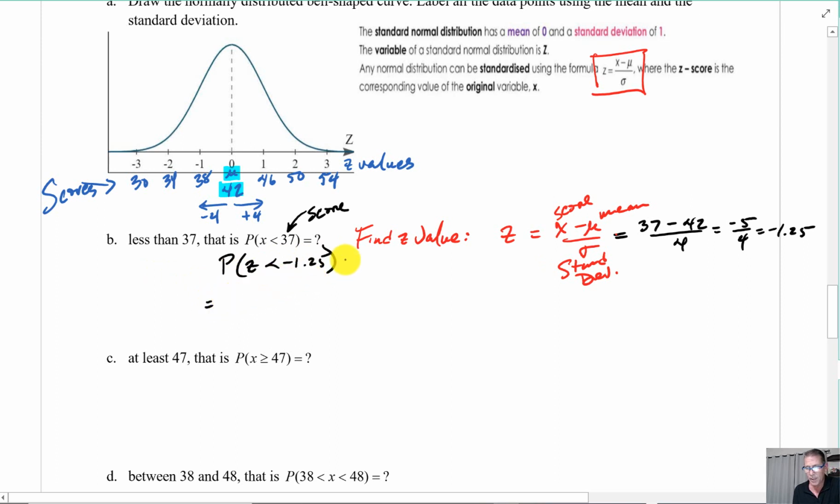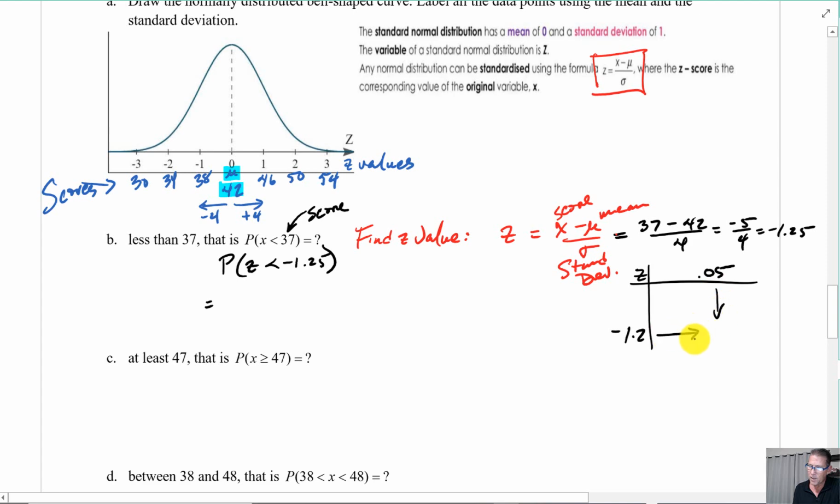So what is that probability? Let's look at the z-table and map it out. Here I've got to take -1.2, with 0.05 up top. -1.2 plus 0.05 is the same decimal as -1.25.